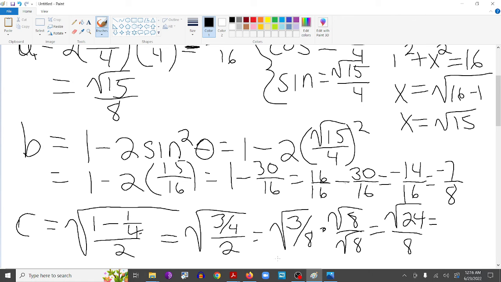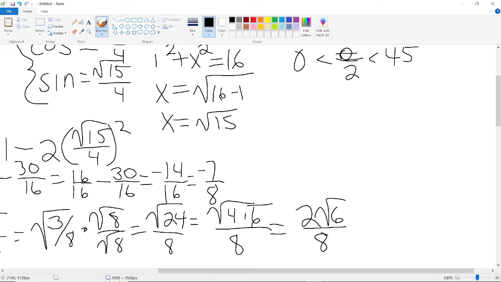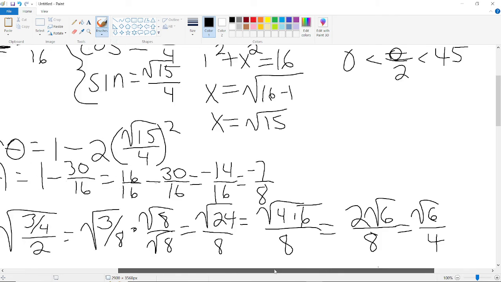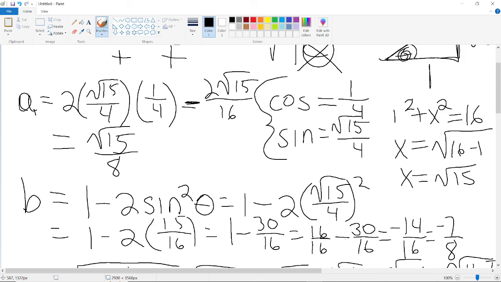Yeah, they just rationalized the denominator on this one. 24 is, I want a perfect square, 6 times 4 divided by 8. Square root of 4 is 2. Square root of 6 over 8, which is equal to square root of 6 over 4. Okay, so in that calculator, they rationalize the denominator. I don't know if you have to do that in your answer, but it did come out right.